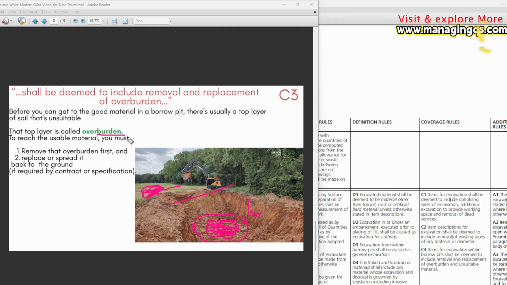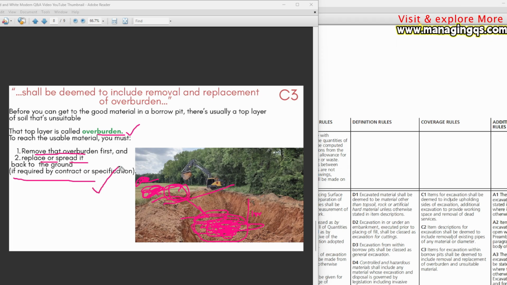So at excavation time, there is some overburden material, the topsoil material, and you should remove this overburden first. The second point is that sometime after completion of our other work, you should replace and spread it. You have to replace this topsoil material in the borrow pit area, if required in the contract and specification.